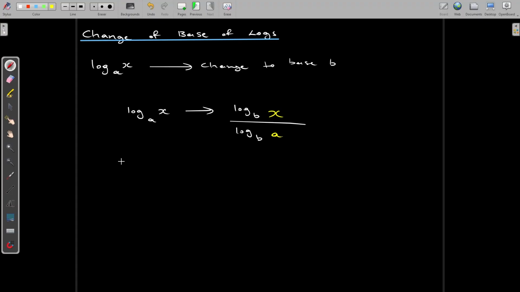Let's look at another one. Let's say we had log base 2 of 12, and we needed to change to base 3. So this will become what? What's in the numerator, what's in the denominator?